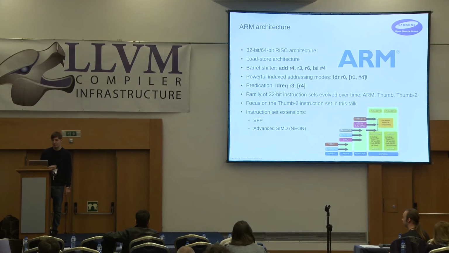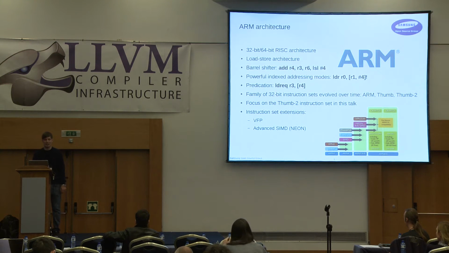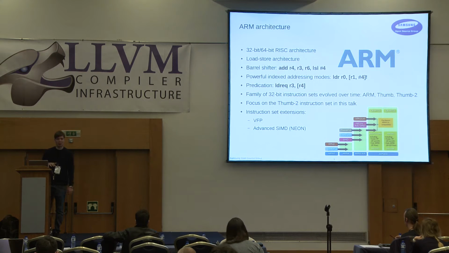And then eventually, Thumb 2 came along, which tries to give you the best of both worlds, which is performance similar to what you get with the original ARM instruction set, but code density closer to what you get with Thumb. And today, if you compile for 32-bit ARM, typically what you choose is Thumb 2. And this is also the focus of the talk.